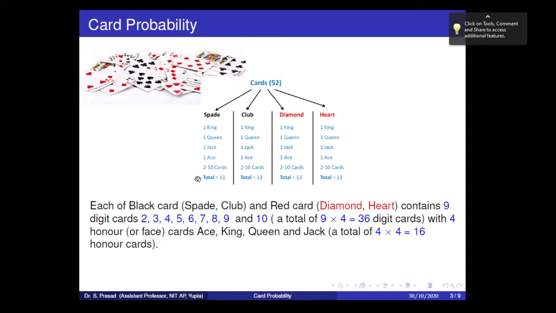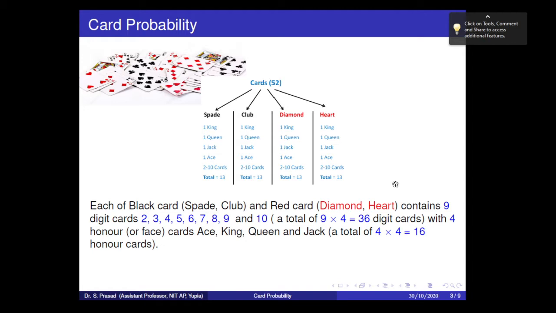Now the digit cards are 2, 3, 4, 5, 6, 7, 8, 9, and 10, which means 9 digit cards, and there are 4 face cards: king, queen, jack, and ace.